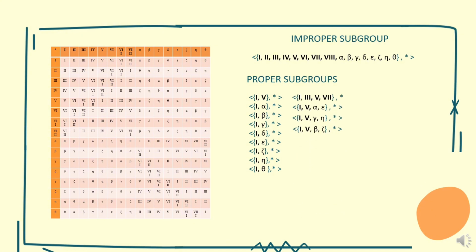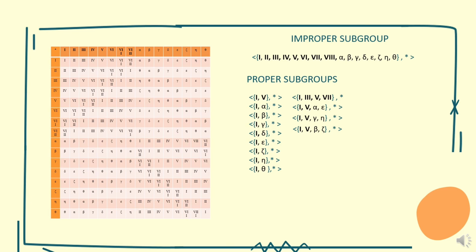So next, those that contain 4 elements. The proper subgroups are: the set of Roman numerals 1, 3, 5, 7 is a proper subgroup under the binary operation star. The set of 1, 5, alpha, and epsilon is a subgroup under the binary operation star.